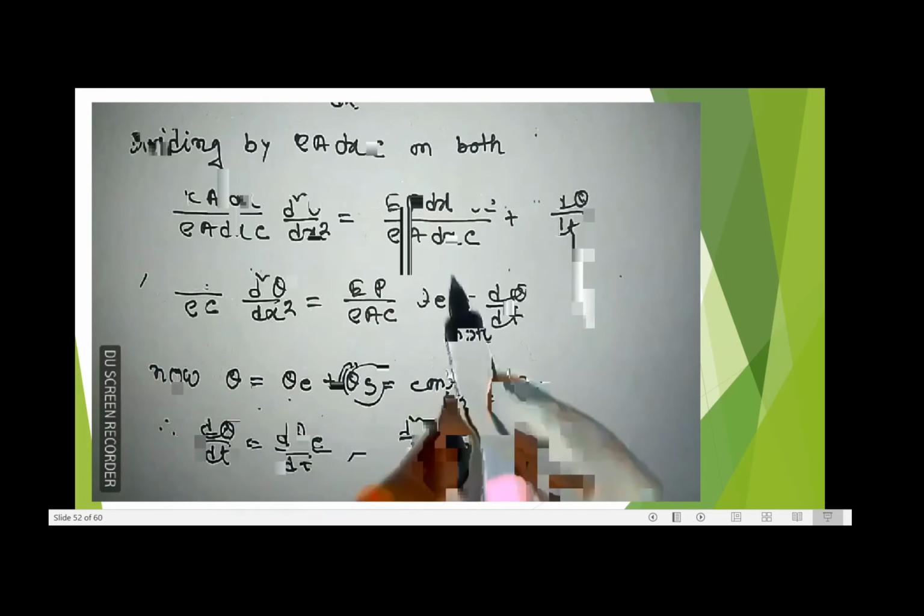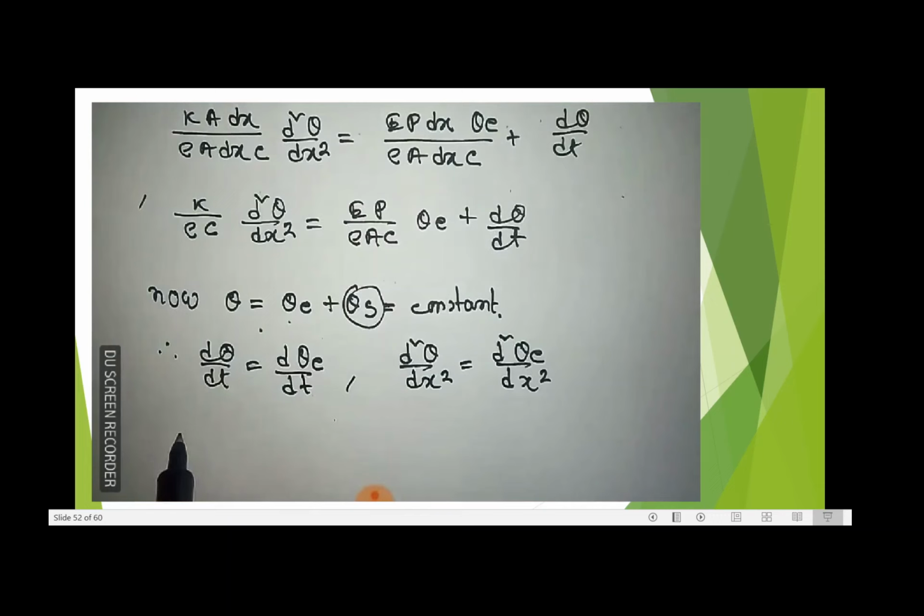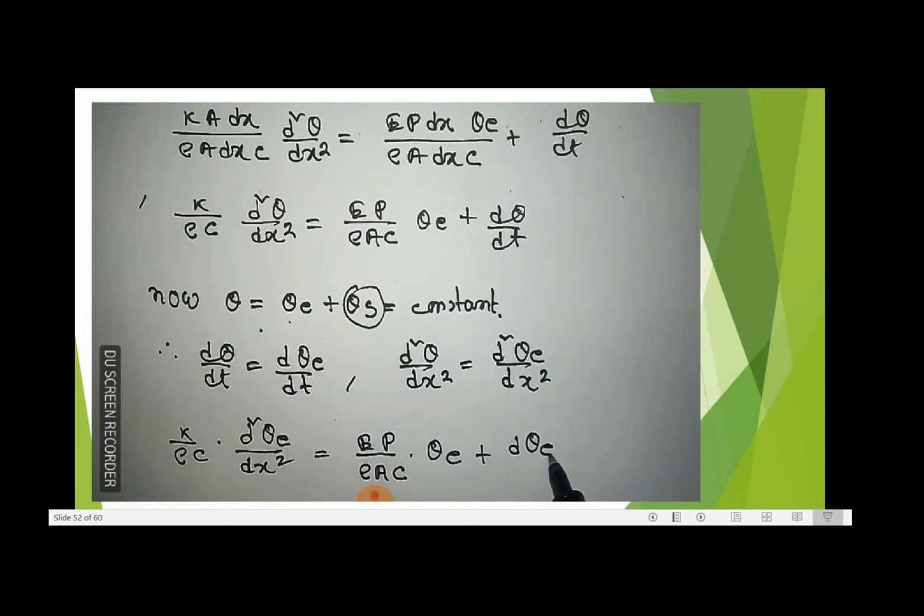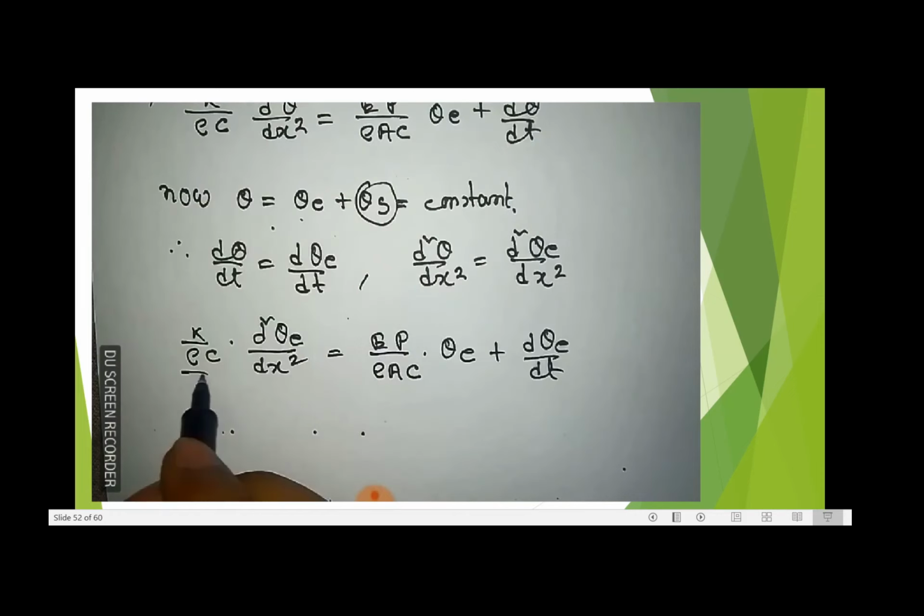Now we put this value in the equation, with theta replaced by theta e, equal to e p by rho A c into theta e plus d theta e/dt. Okay, no problem. Now K by rho c is assumed to be h, and e p by rho A c is assumed to be mu, so h d2 theta e/dx2 equals mu theta e plus d theta e/dt.